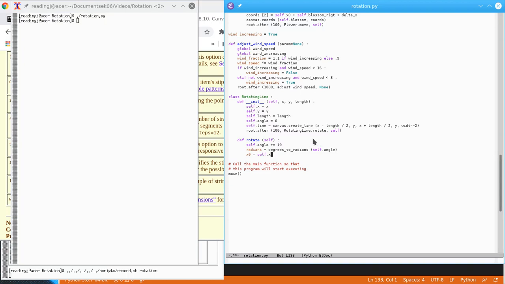And so x0 is going to be self.x plus math.sine of radians times self.length over 2.